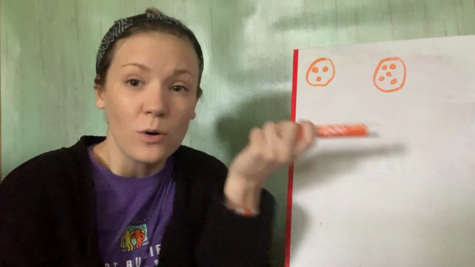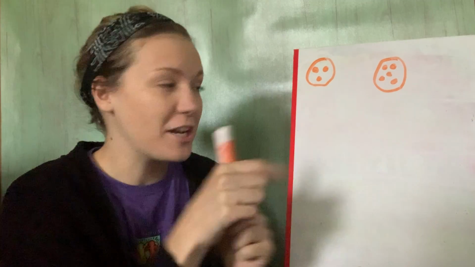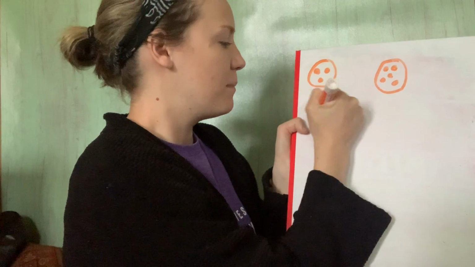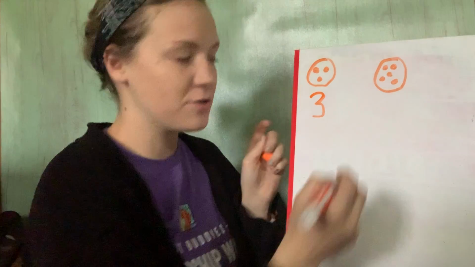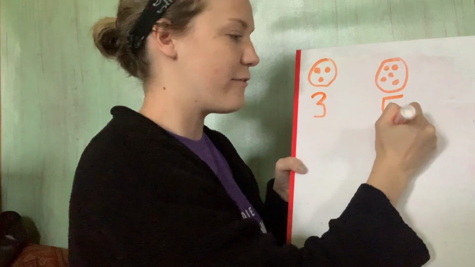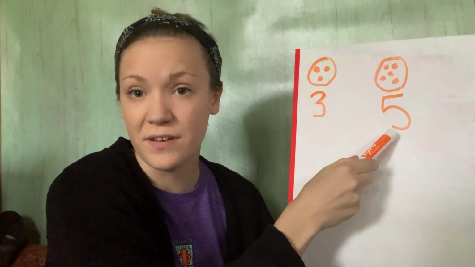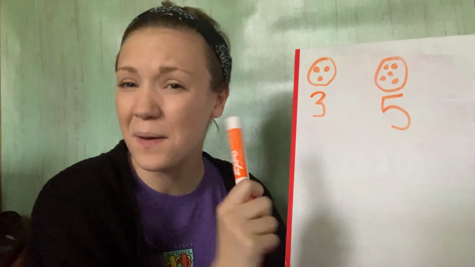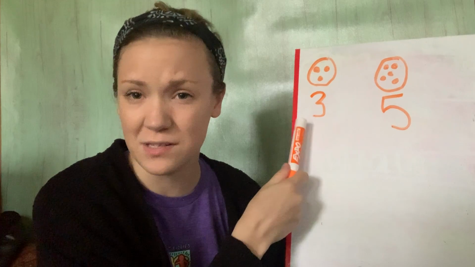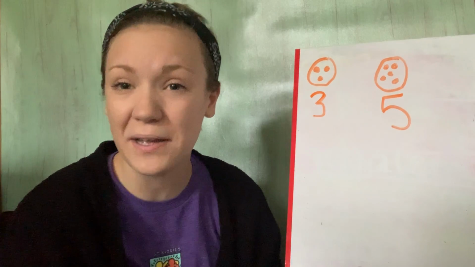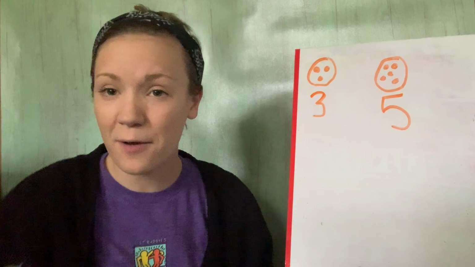Which circle am I going to go to eat the fish? Am I going to go to the circle with 3 fish, or am I going to go to the circle with 5 fish? Okay, so of course I'm going to go to the circle with 5 fish because I'm big and hungry and I want to eat 5 fish. I don't want just 3, I want 5. So that's the bigger number. That's what I want to go after.